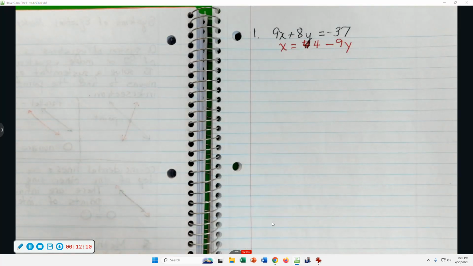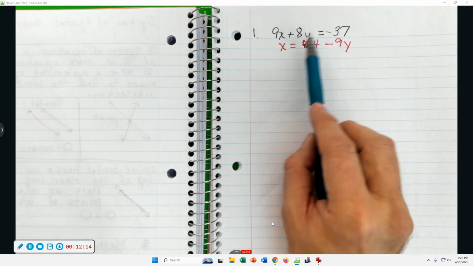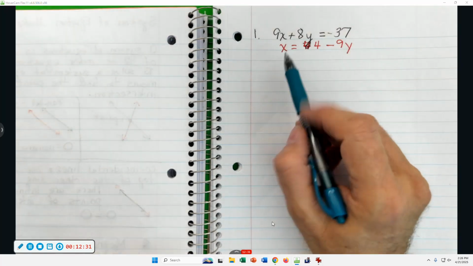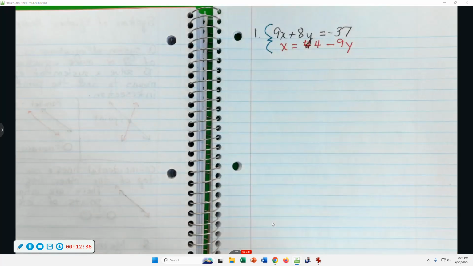What we have right here are two equations with two different variables, x and y. To solve, we ultimately want x equals some number, or y equals some number, whatever the variable is. I'm putting a little brace mark here to indicate there's two equations.